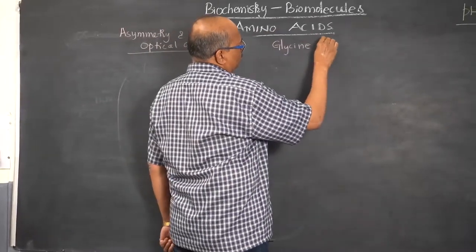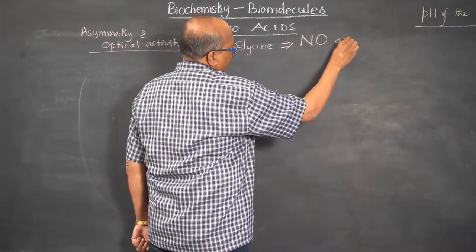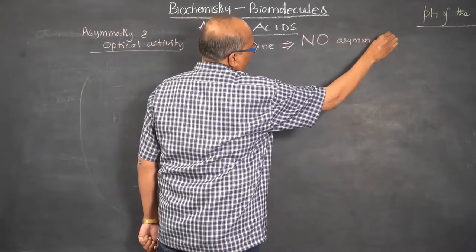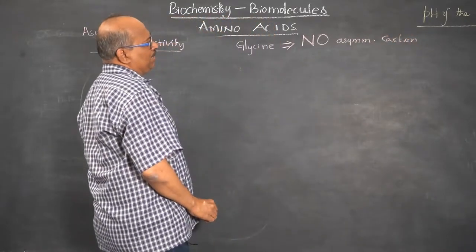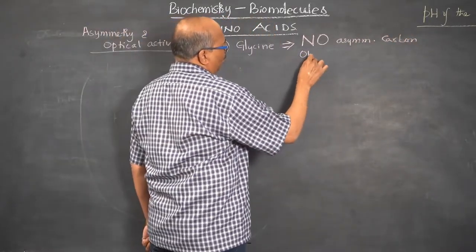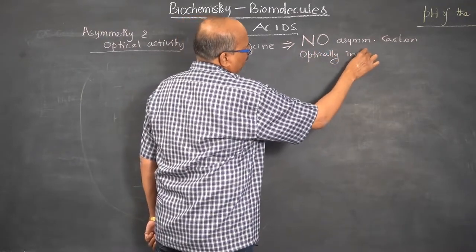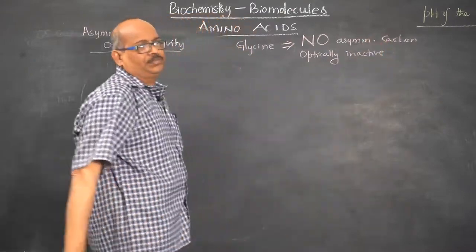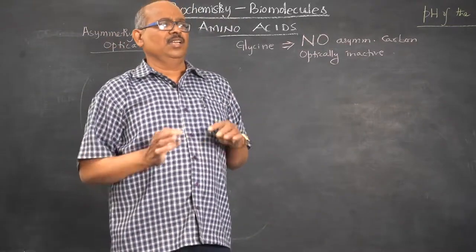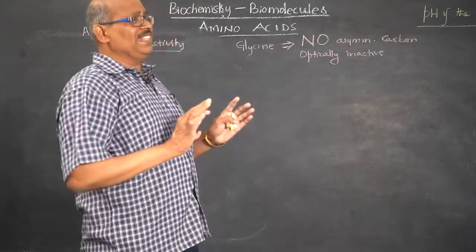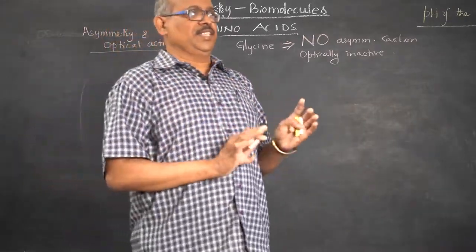Glycine has no asymmetric carbon. Because it has no asymmetric carbon, it is optically inactive. So that's why whenever you talk about glycine, you simply say glycine. You don't say D-glycine, L-glycine.